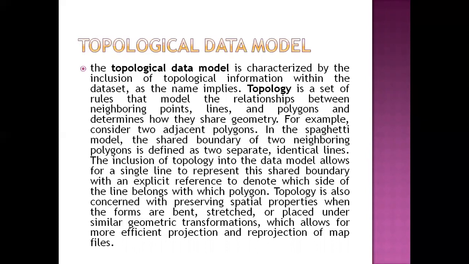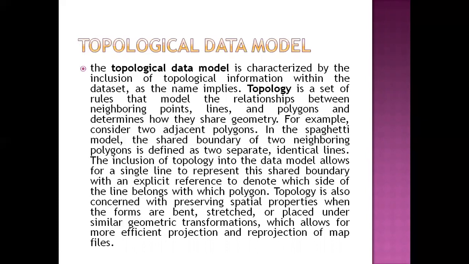For example, consider two adjacent polygons. In the spaghetti model, the shared boundary in two neighboring polygons is defined as two separate, identical lines. The inclusion of topology into the data model allows a single line to represent these shared boundaries, with an explicit reference to denote which side of the line belongs with which polygon.